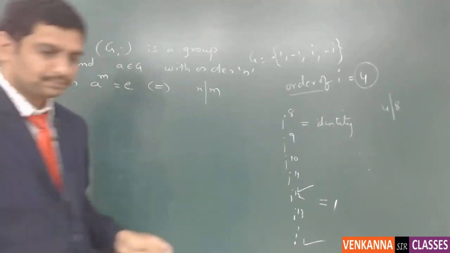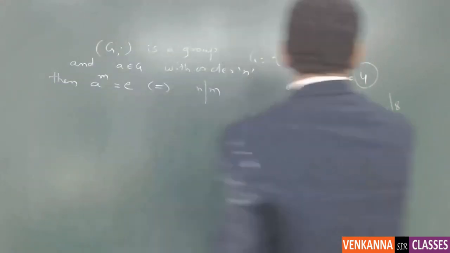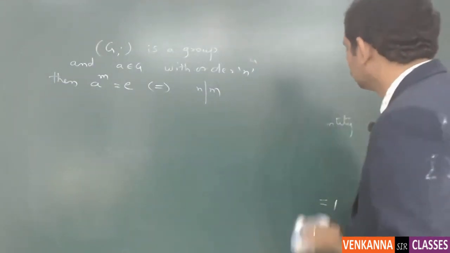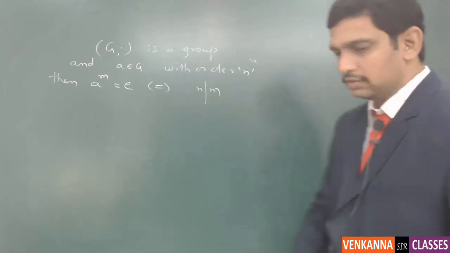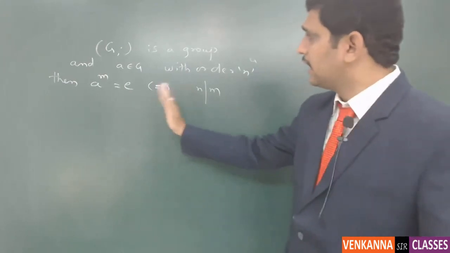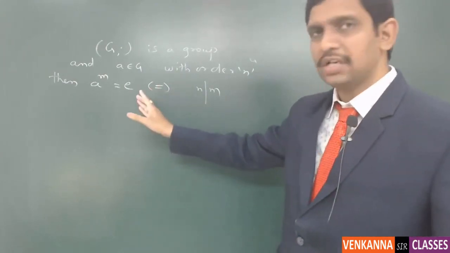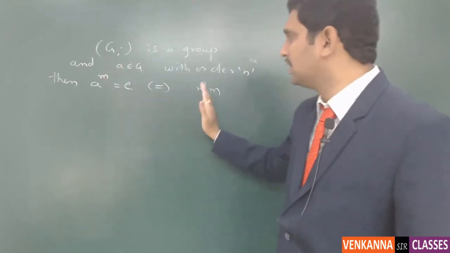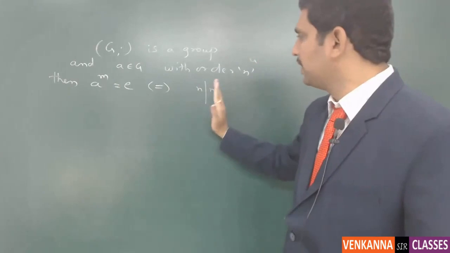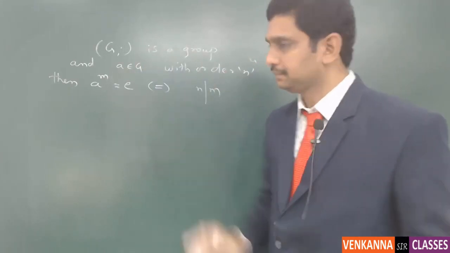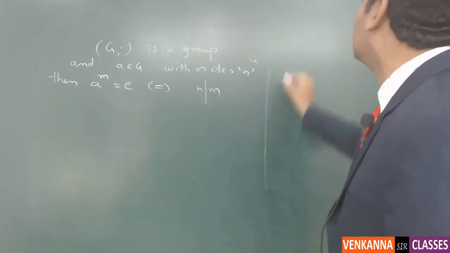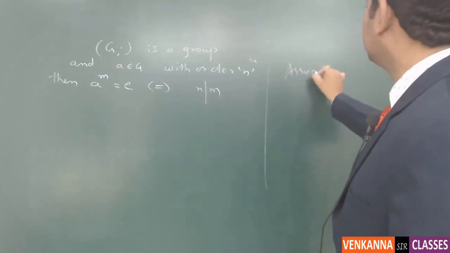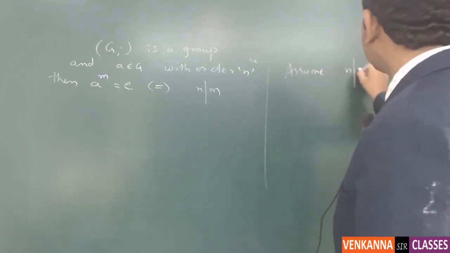Right. Now, it is an implied and implied by situation. So you have to prove two conditions. Assuming this, you have to prove this part. Again, assuming this, you have to prove this part. So let us assume that n divides m.